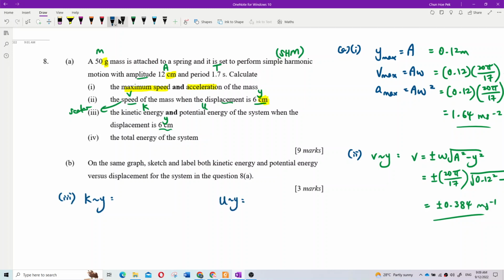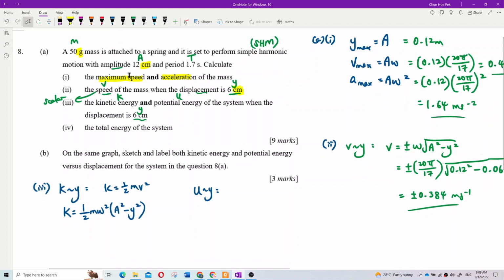Still remember the kinetic energy versus displacement formula? Kinetic energy is half m omega square, A square minus Y square. Because kinetic energy is half m v square. The v just now is plus minus omega square root of A square minus Y square.